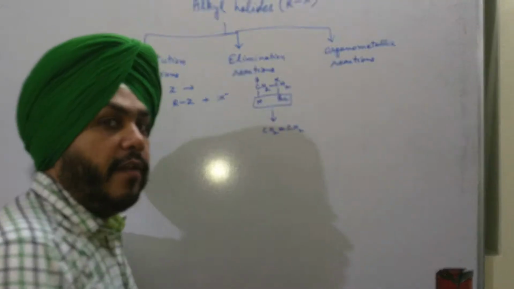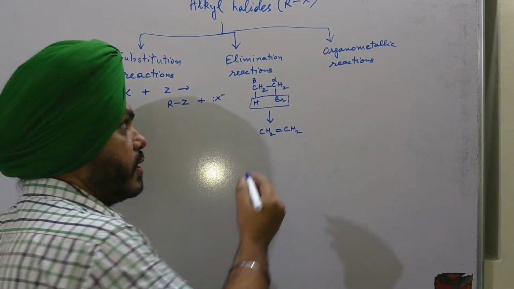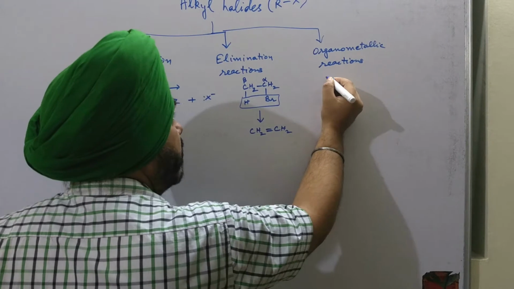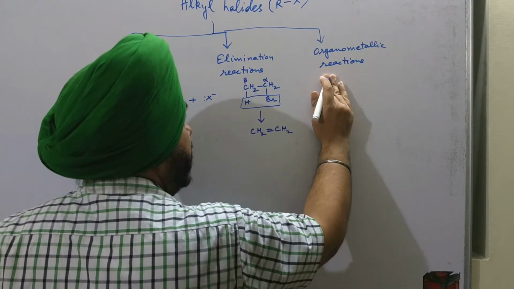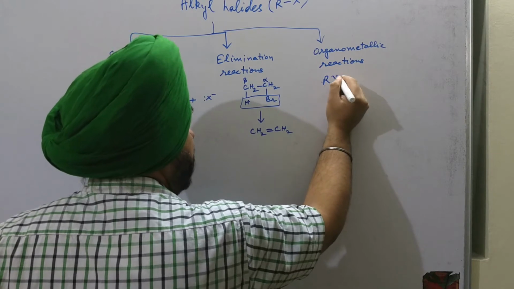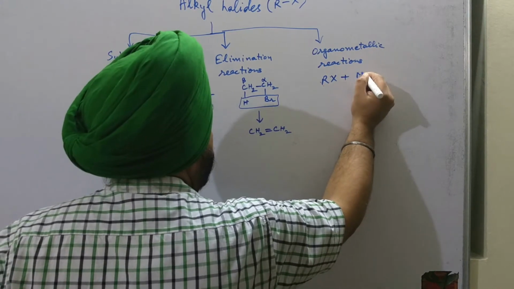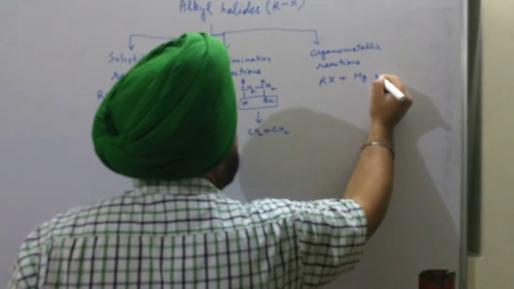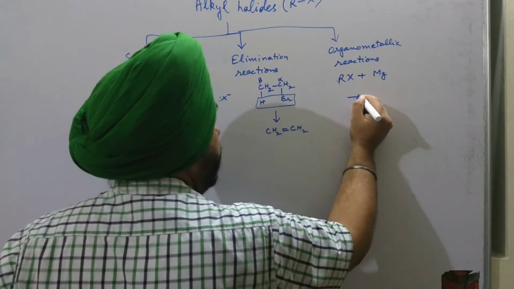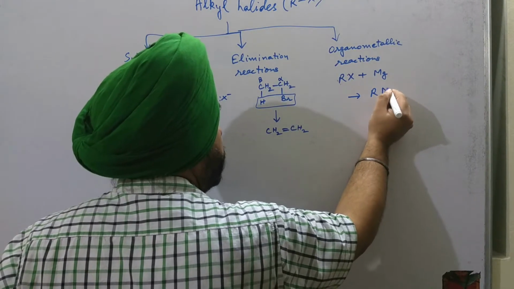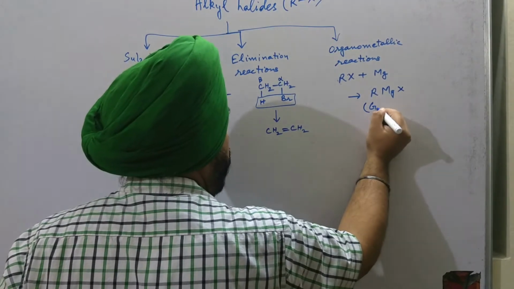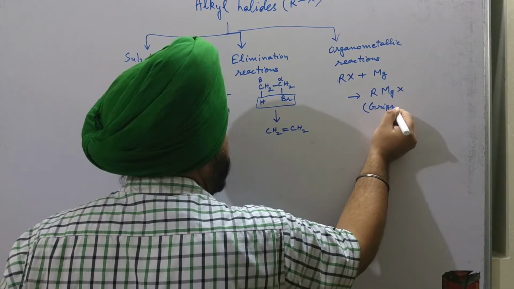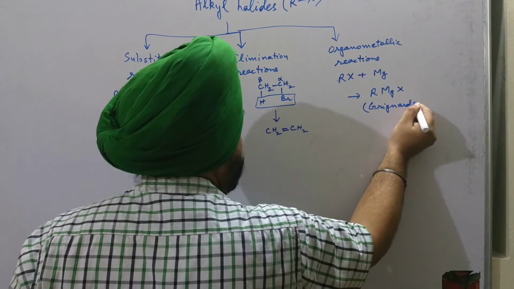Then we have organometallic reactions, in which an alkyl halide reacts with a metal. For example, in this case, it is reacting with magnesium to give us RMgX, which is a very important reagent called Grignard's reagent.